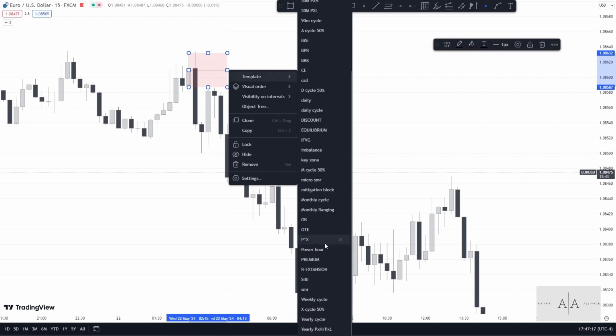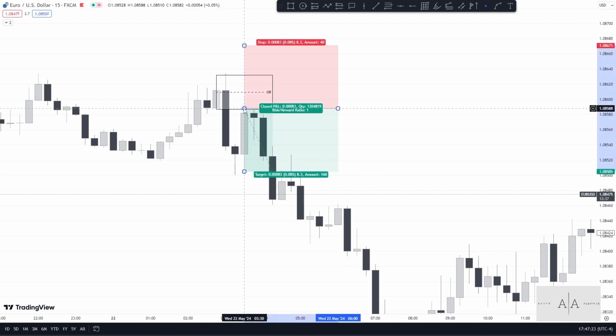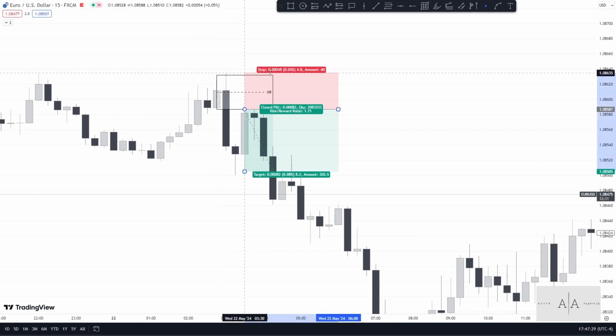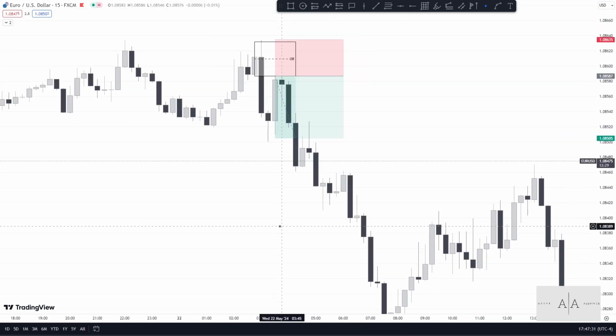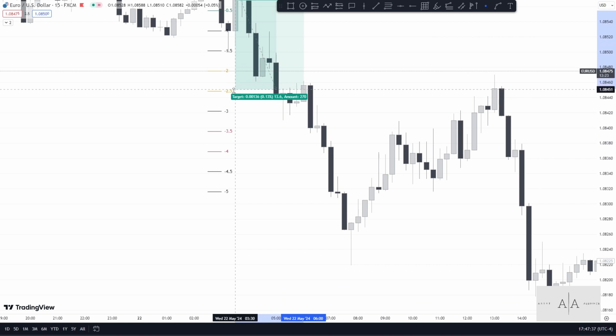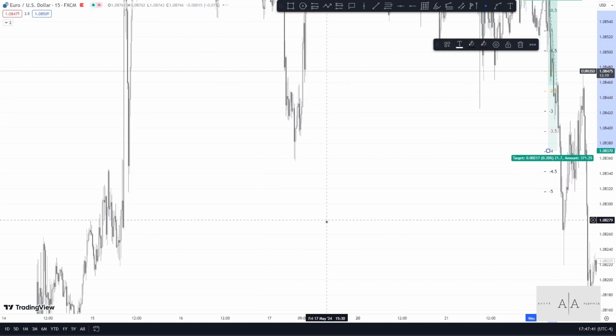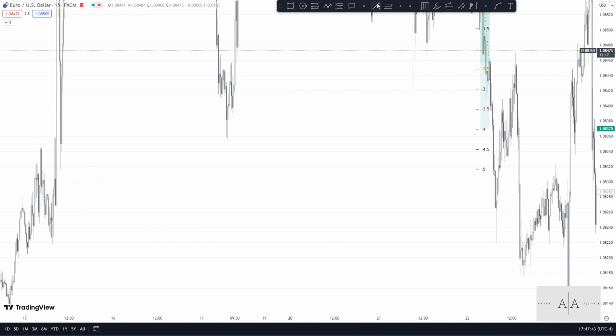Here you had this retest on the candlestick. You take it just like that at the entry. Stop loss a little above. Standard deviation, take it from there to there, and take profit. You want to take it to the -4 or until the next liquidity, which was here.